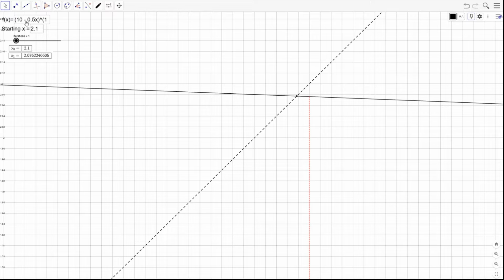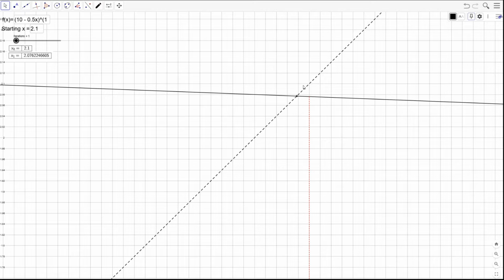We put x0 here. To find what x2 is, we put x1 in here. So we're going to put x1 into here, which is this value, and then it will give me x2.